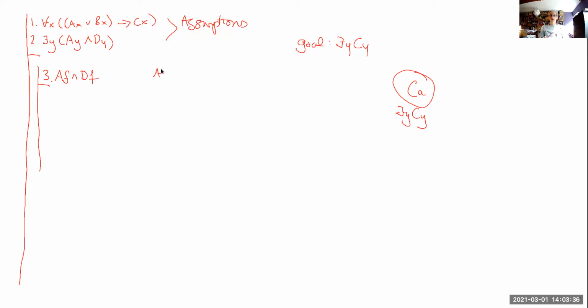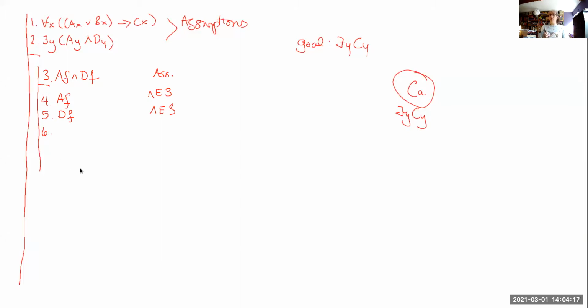So I'm going to assume that there is something that is both A and D, and this thing is called F. Now, remember that we have provisos about where F can occur once we get to the point where we want to apply the existential elimination rule. I will get to those when it comes time to apply the rule. Let's just work with what we've got. It's a conjunction. What do you do with conjunctions? You always do conjunction elimination, because the simpler formula that you have, the easier. So conjunction elimination twice gets us AF and DF.